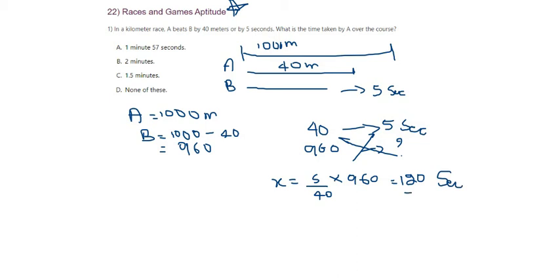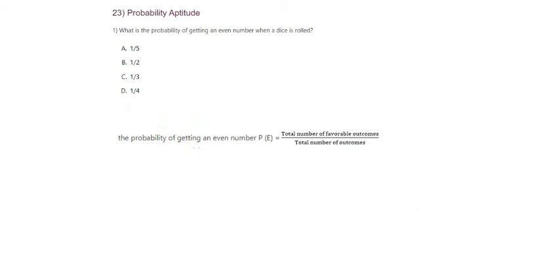But if you look at our options, they are in minutes. So converting seconds to minutes is dividing by 60, which is nothing but 2 minutes. So your answer is option B.